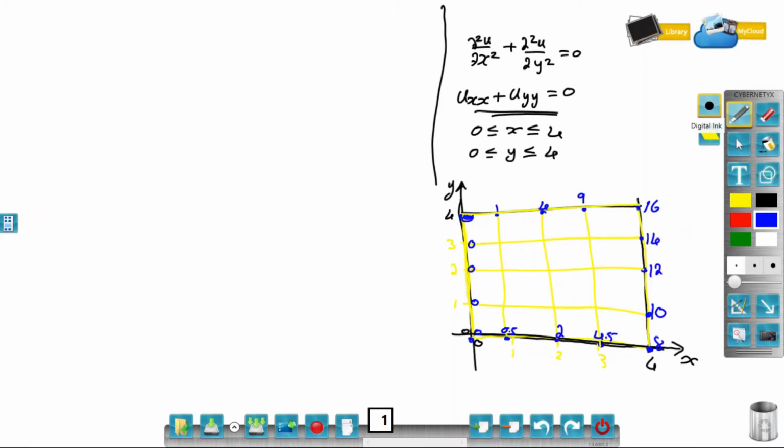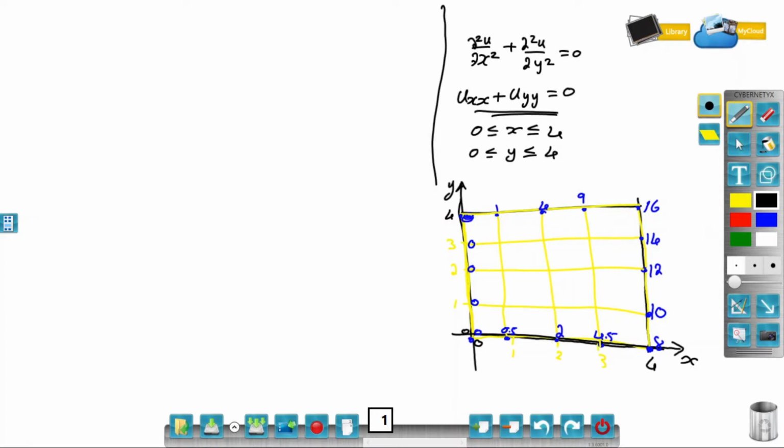So if you are considering this mesh, the intersection of each grid is known as a mesh point or grid point. So we have to find the corresponding u value. So we can label it as, actually this is x equal to 1, y equal to 1, so u11.